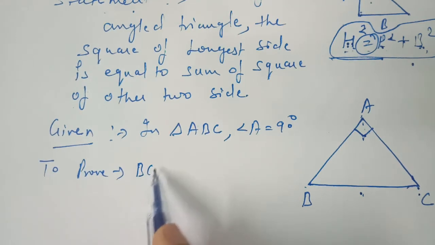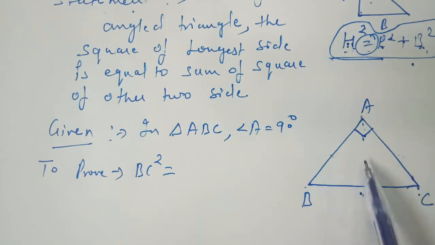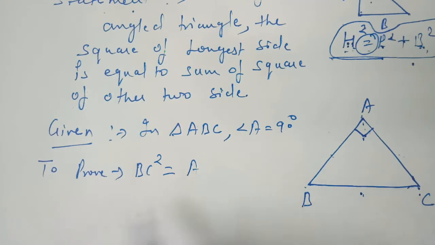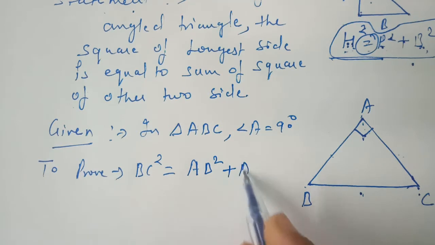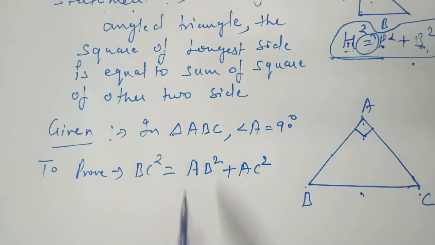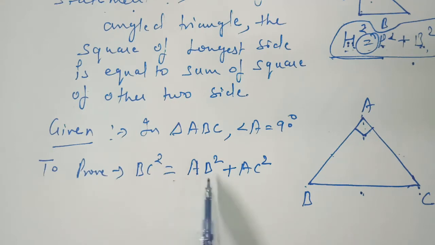So BC square is equal to AB square plus AC square.